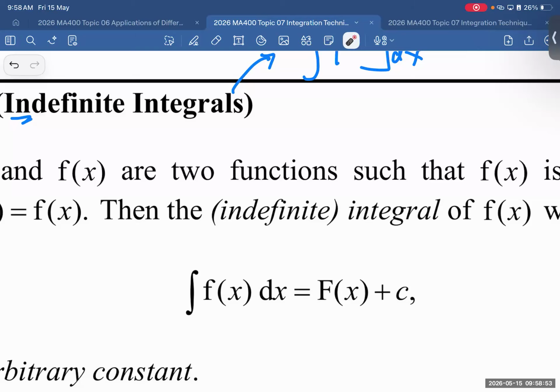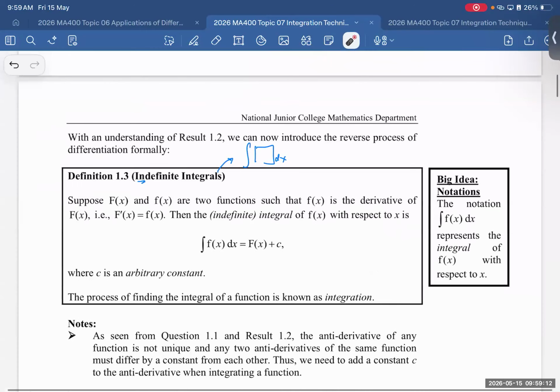Let's see. It's because of differentiation. In differentiation, there's a constant that may have passed away. Remember, there's a constant that may have passed away during differentiation. So now, integration will revive the constant back. That's why every time we integrate, there's a plus t.